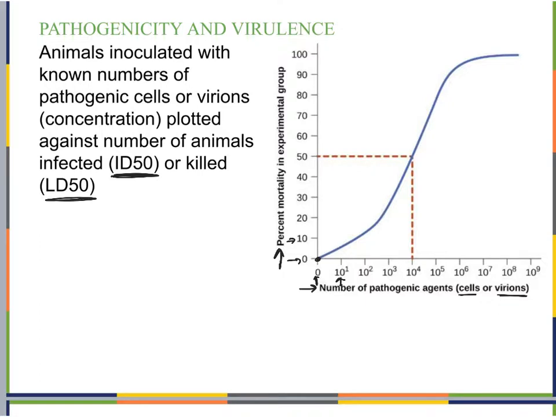Then when we get up to our 50% of the population, if 10 were given some particular dose, let's pretend it's 10 to the 4 cells of a pathogenic agent, and then 5 of them die, then that's going to be our median lethal dose. Or if we're talking about infectious dose, our median infectious dose.